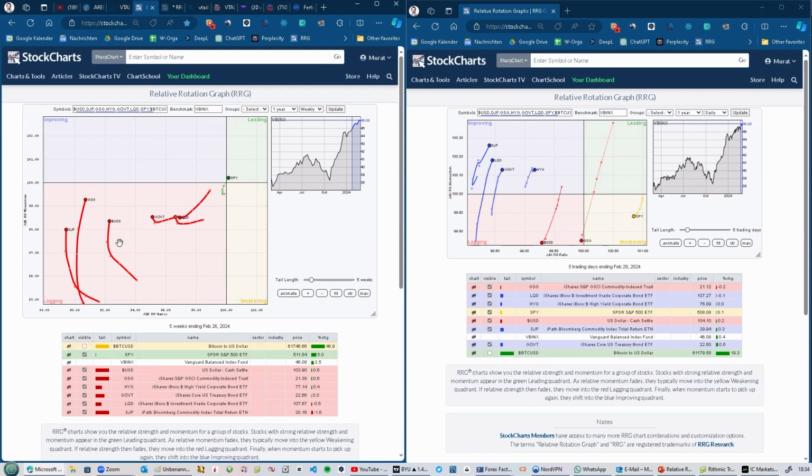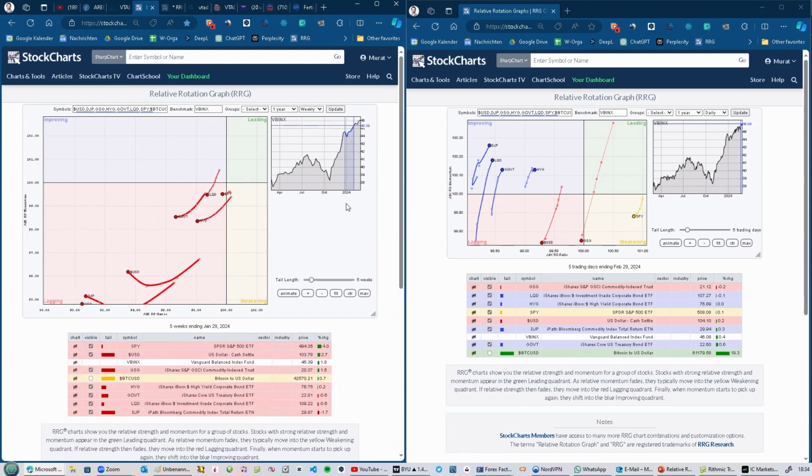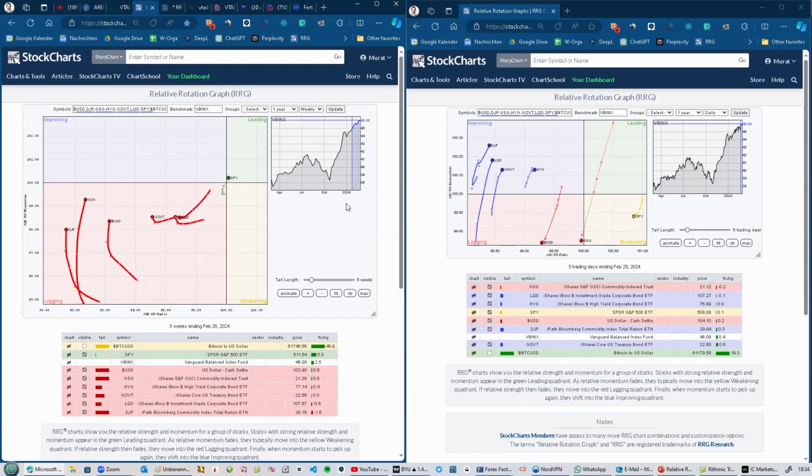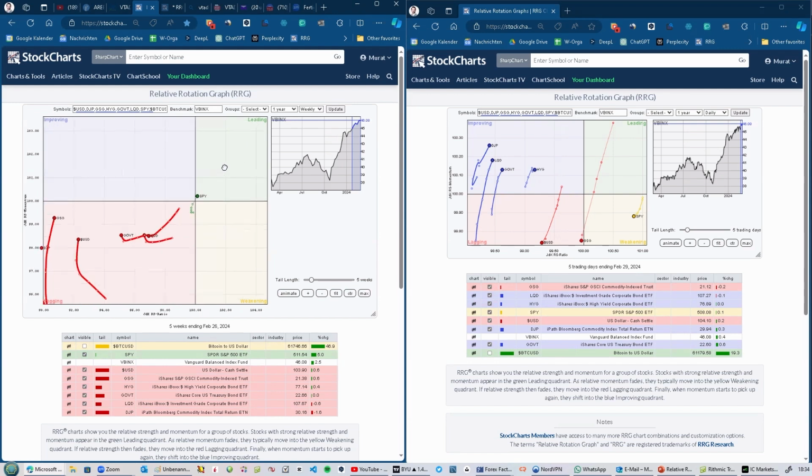And so we compare these individual assets against the benchmark and of course against each other. And there you see that the S&P is currently the leading market. You see that we made a small turnaround and are heading back into the first quadrant.